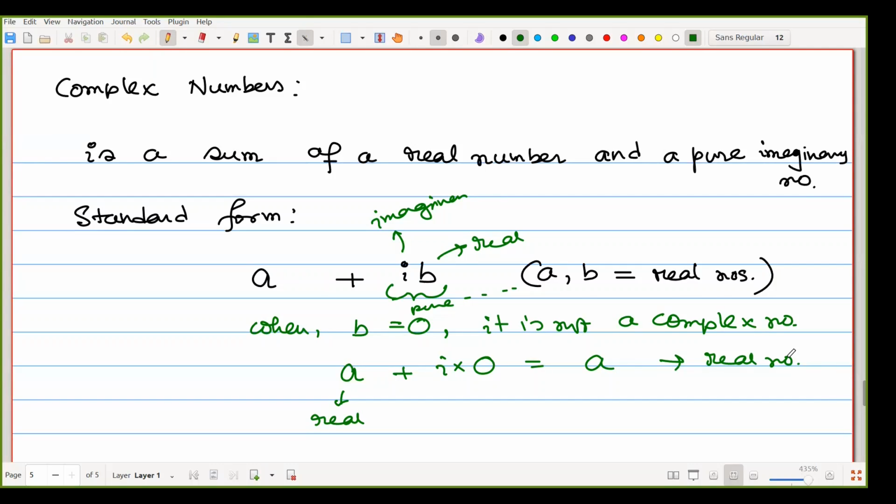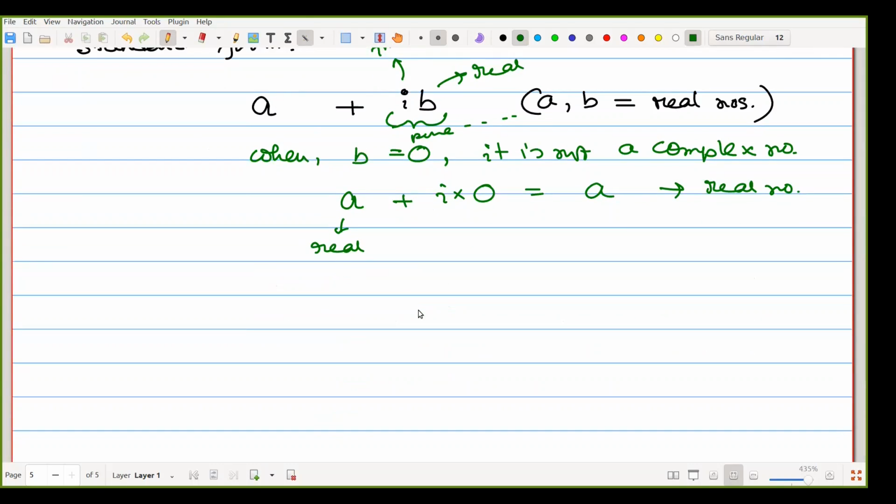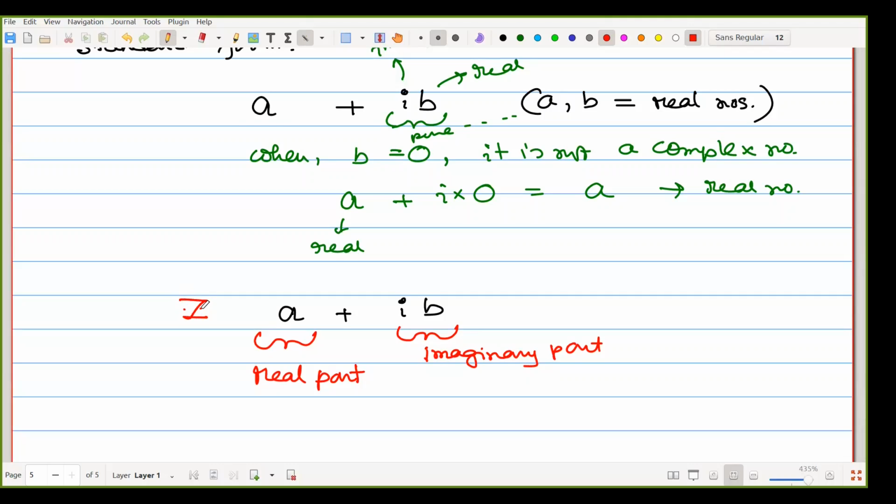So in that complete case, when we are writing A plus IB, that A is called the real part and that IB is called the imaginary part. Suppose a complex number is written in that way, Z is equal to A plus IB.